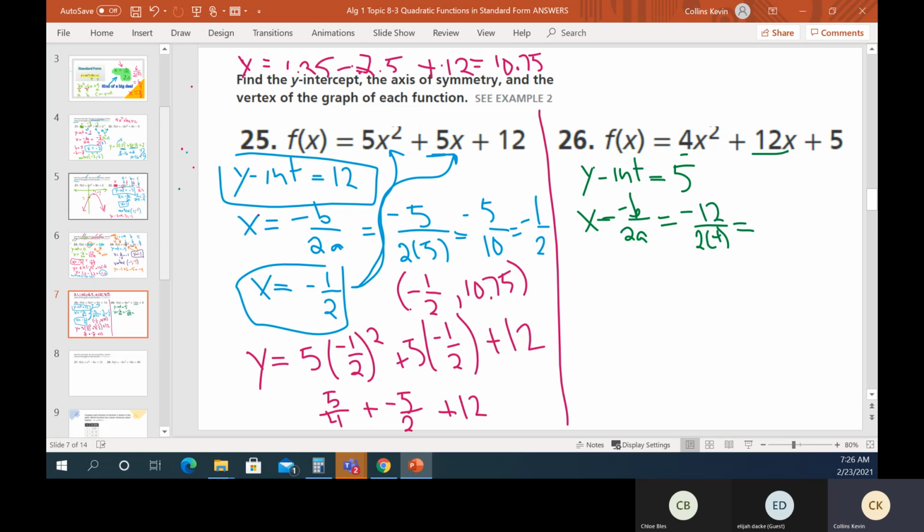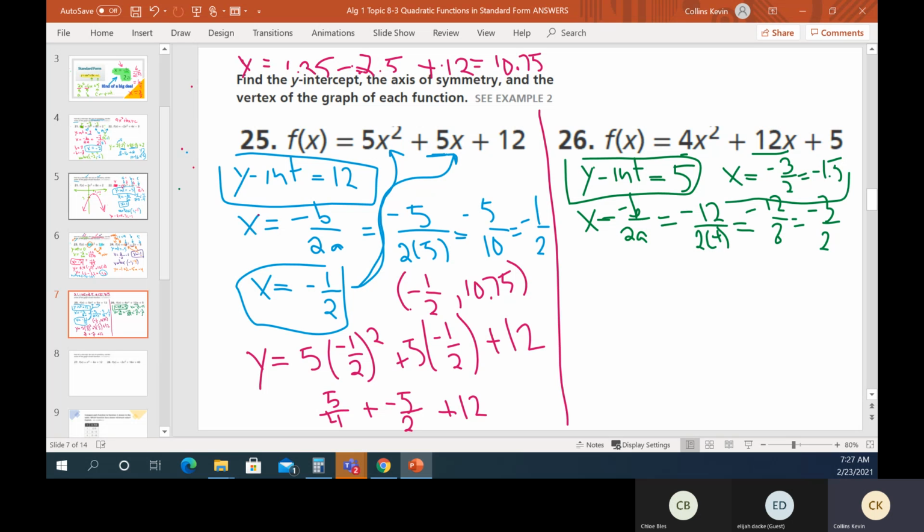So then that's going to be minus 12 over 8, which is minus 3/2, or minus 1.5. We might use that when we get to the vertex. Okay, so axis of symmetry, so we got our y-intercept, right? Axis of symmetry, we just figured out as x equals negative 3/2, or negative 1.5.